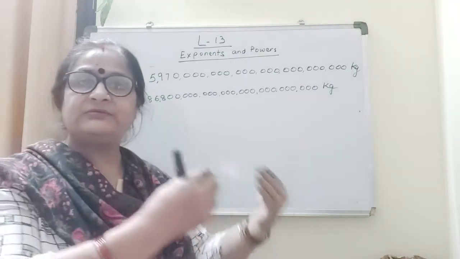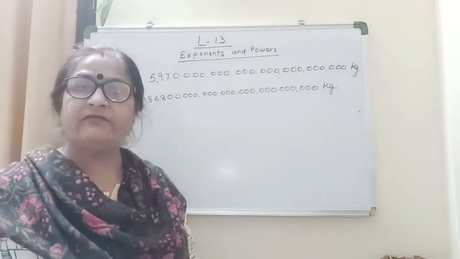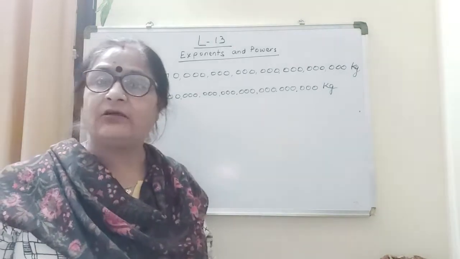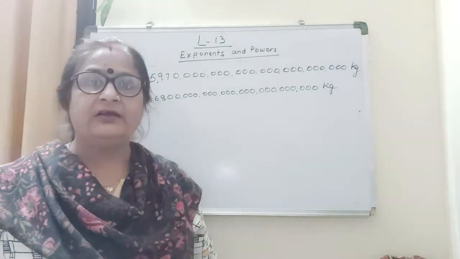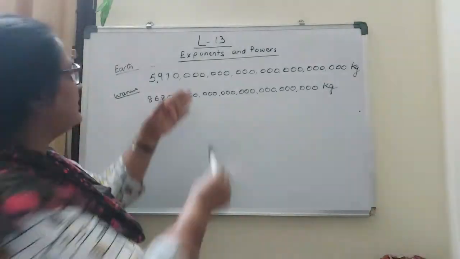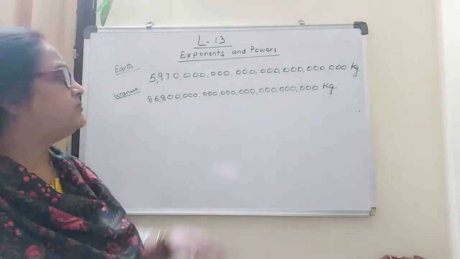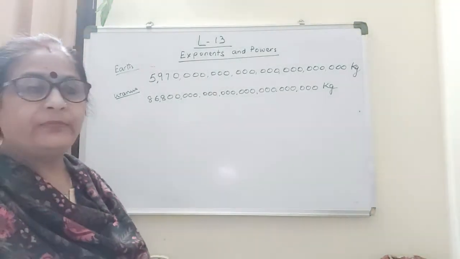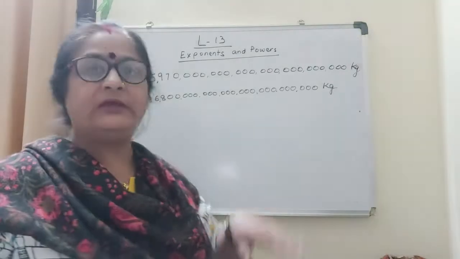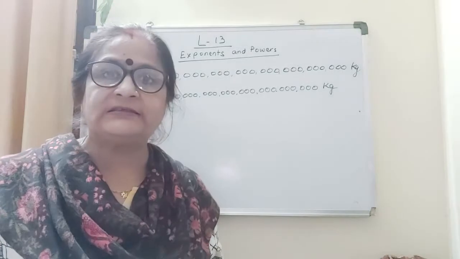And the distance between the earth and the sun is also a very large number. Such large numbers cannot be easily read. Now looking at these two, can I say which one weighs more? It's not very easy to understand which one weighs more or which one weighs less.